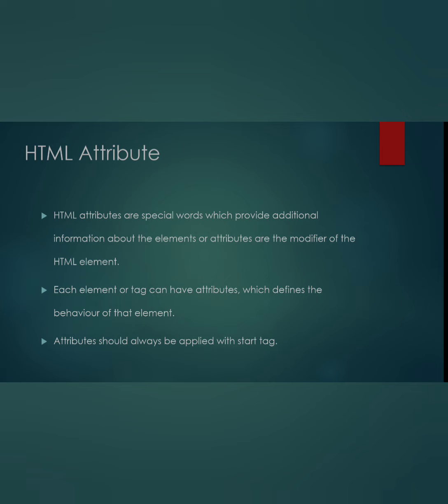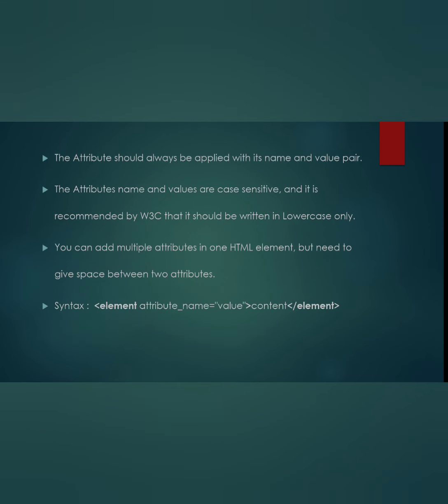An attribute should always be applied with the start tag, with its name and value pair. The attribute's name and values are case sensitive and it is recommended by the W3C that they be written in lowercase only. You can use multiple attributes in one HTML element but need to give a space between two attributes.